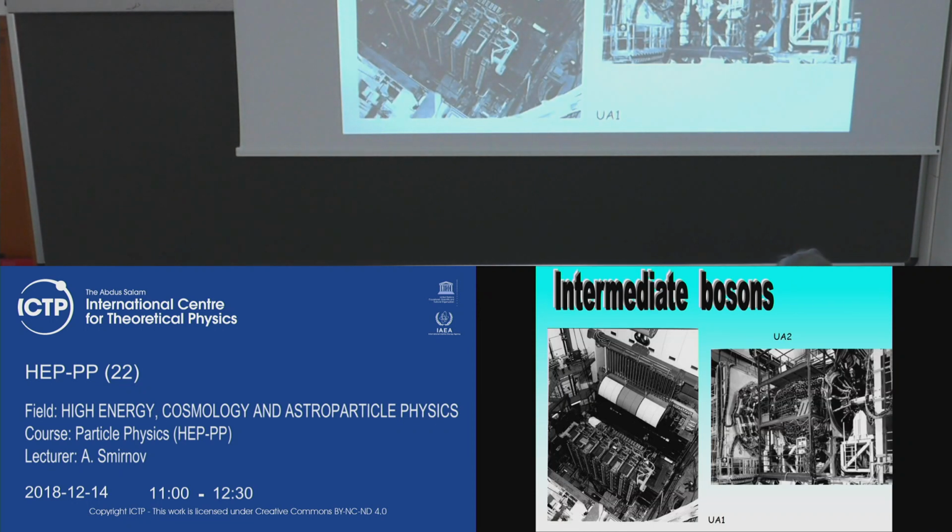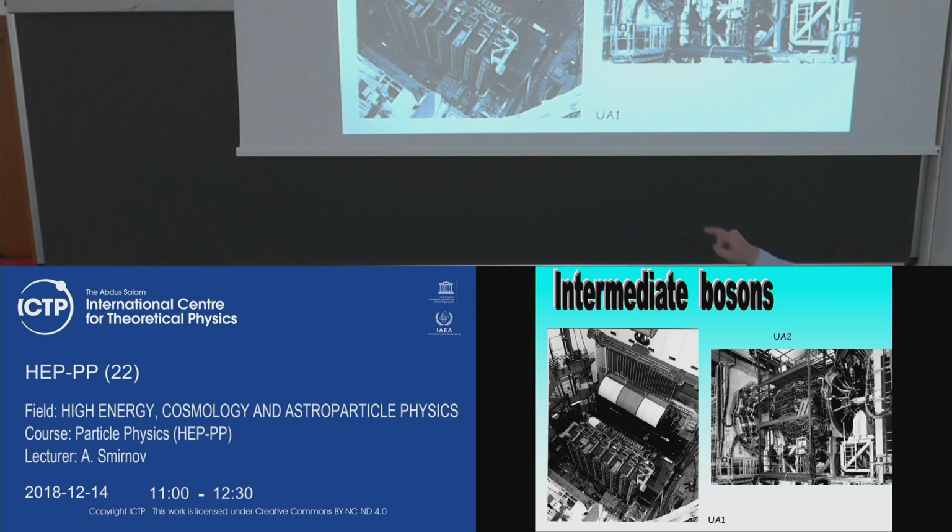Intermediate boson, again very briefly, because I haven't discussed this time. You will have an exercise for next week to write the production of W boson in terms of structure functions of proton and neutron. And these are the detectors UA1 and UA2. 2 detectors were used in SPS experiments. They have this synchrotron SPS, which is actually working now, and is a pre-accelerator for the LHC.